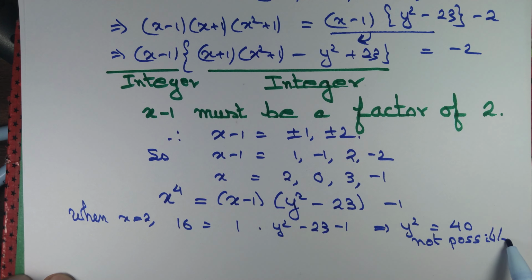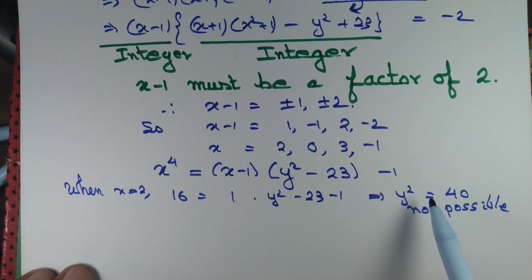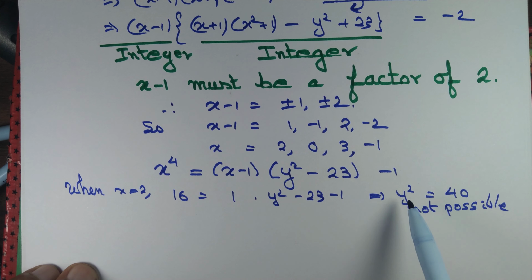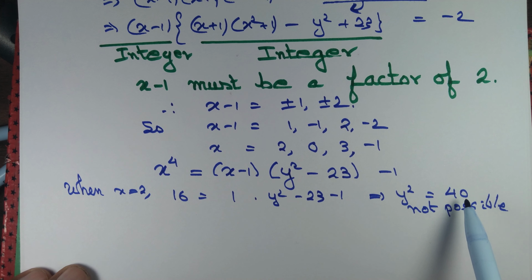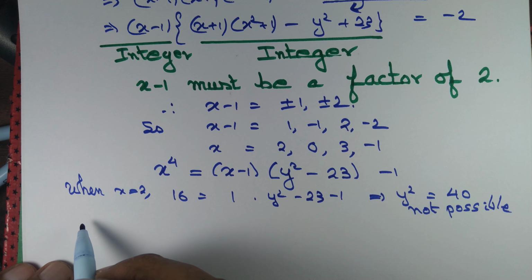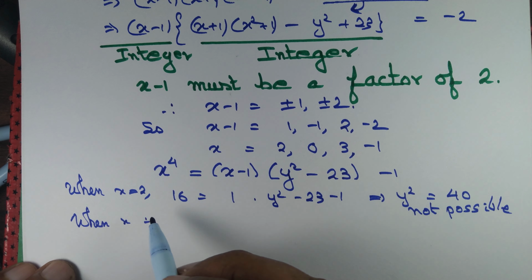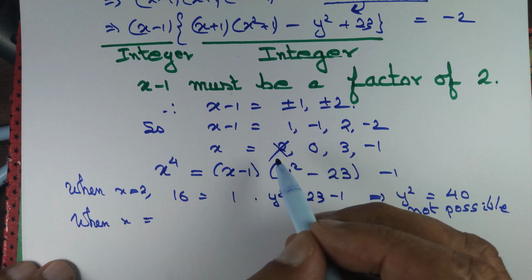So we cannot take x equal to 2 because we were not able to determine the integer y. As we know, y is an integer, so y square cannot be equal to 40. y square is a perfect square and 40 is not a perfect square. So we have ruled out x equal to 2.